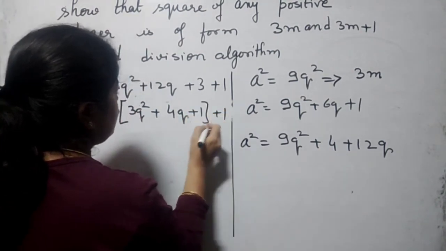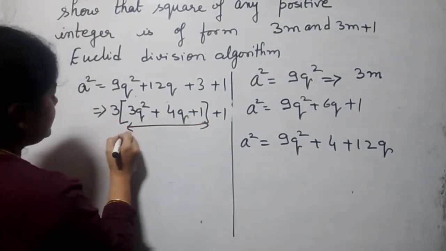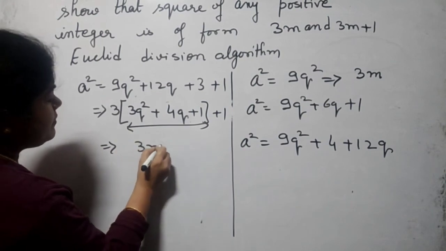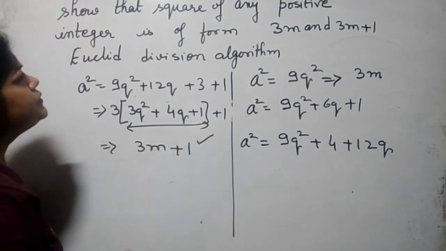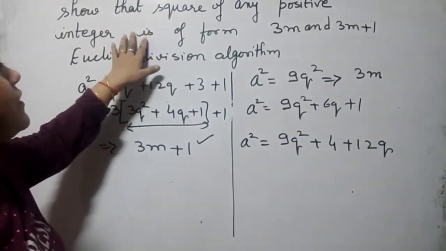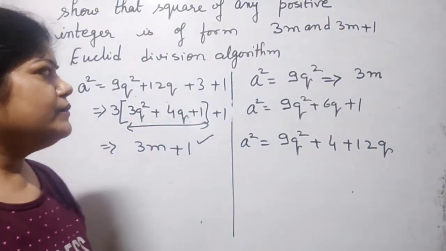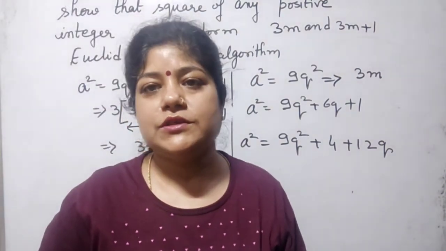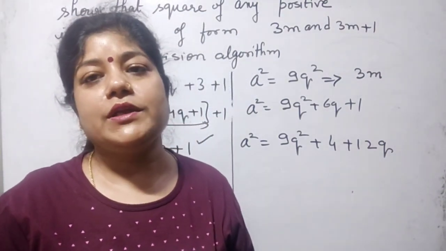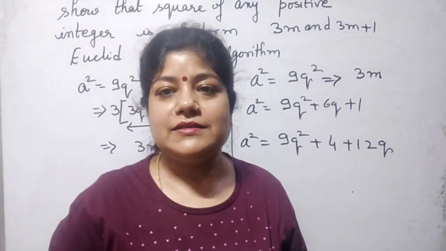If we take the bracket as m, then the format again becomes 3m plus 1. So the square of any positive integer is of the form either 3m or 3m plus 1. These are typical questions, but when you solve them, I think you can easily understand the concept. Thank you.